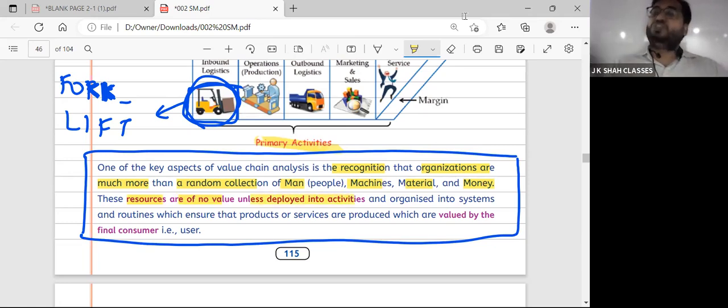Deployed means used in activities and organized into systems. What did Michael Porter say? You should create one system and routines which ensure that the products or services are produced which are valued by the customer. So you should make those products which are valued by the customer.